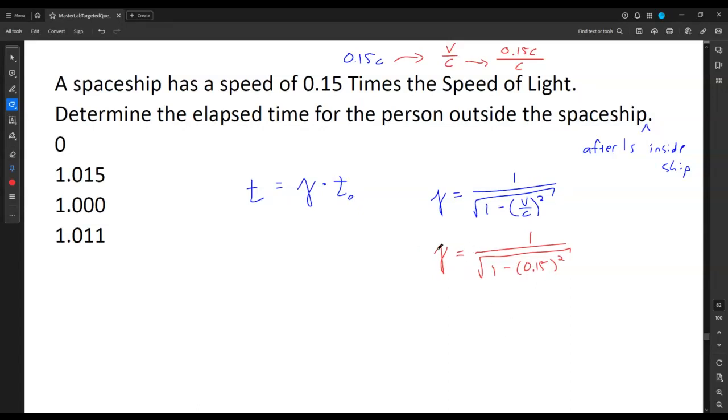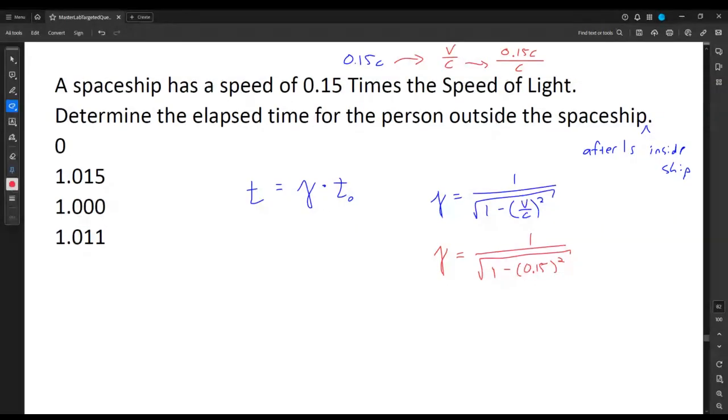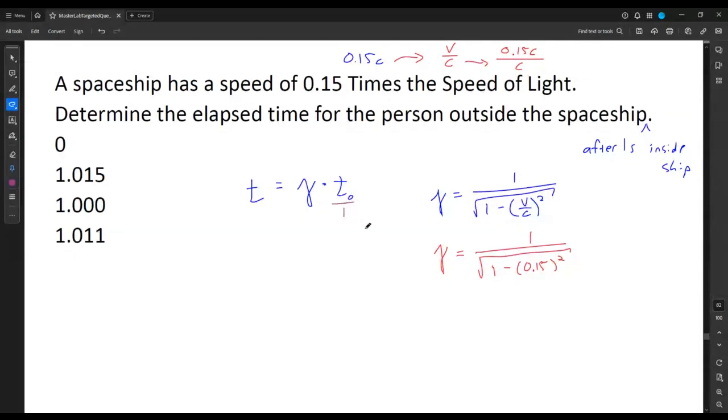Now, we can sort of combine these formulas a little bit, especially because we're looking at T0 as being 1 second. So gamma has 1 over this stuff, and then technically T0 we can say is T0 over 1.